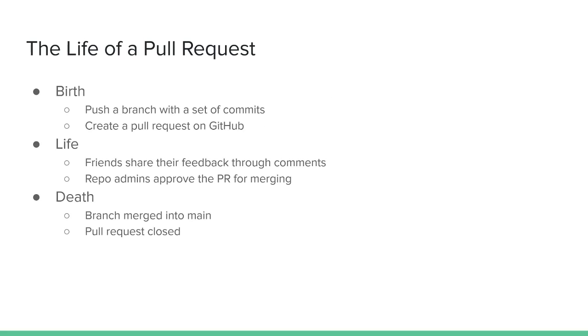So the life of a pull request is kind of in three parts. The birth is we push a branch with a set of commits and create a pull request on GitHub. The main part of a pull request, I think the most important part, is that anybody working on the project can share their feedback on the changes that are being proposed to the main branch through comments and eventually approval.